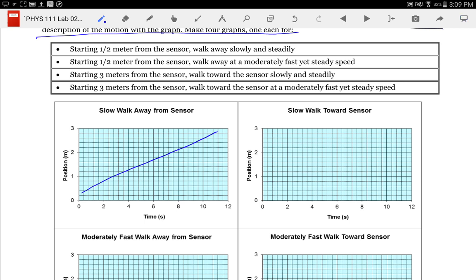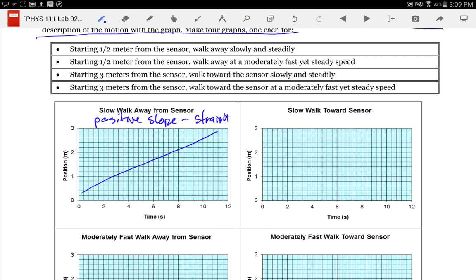Well, just describe the line. Okay, a positive slope. And is it a straight line or a curve? Straight.